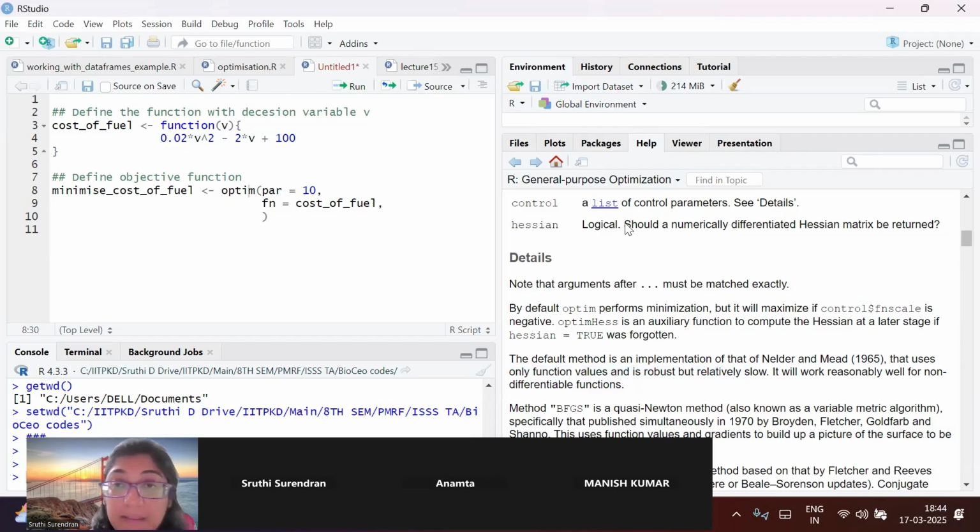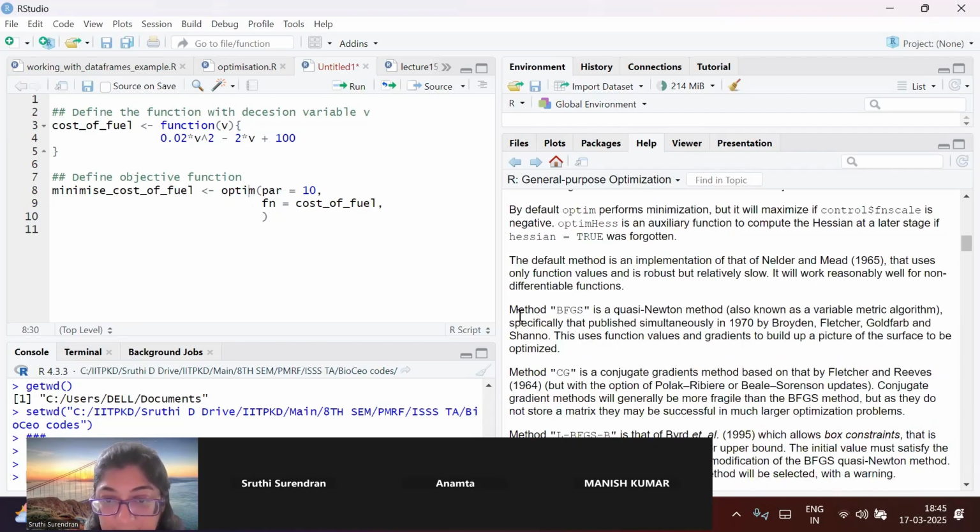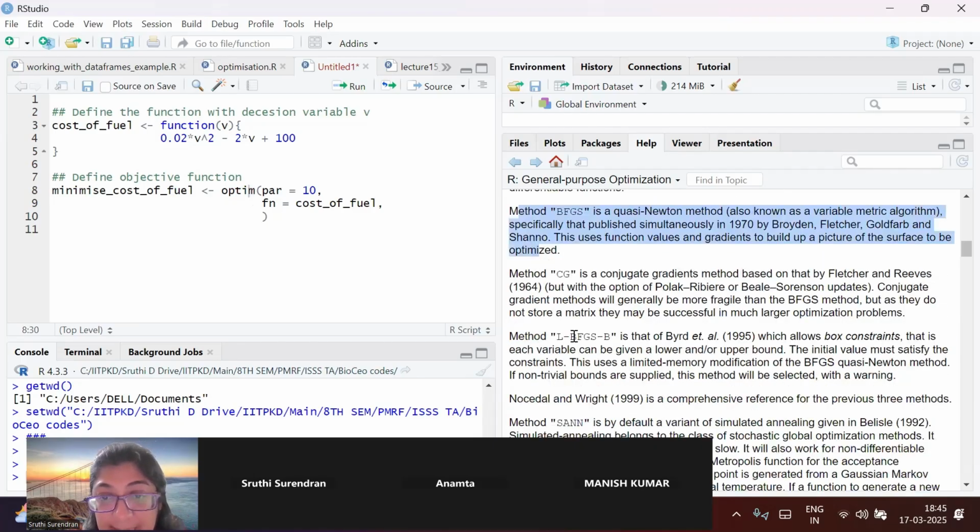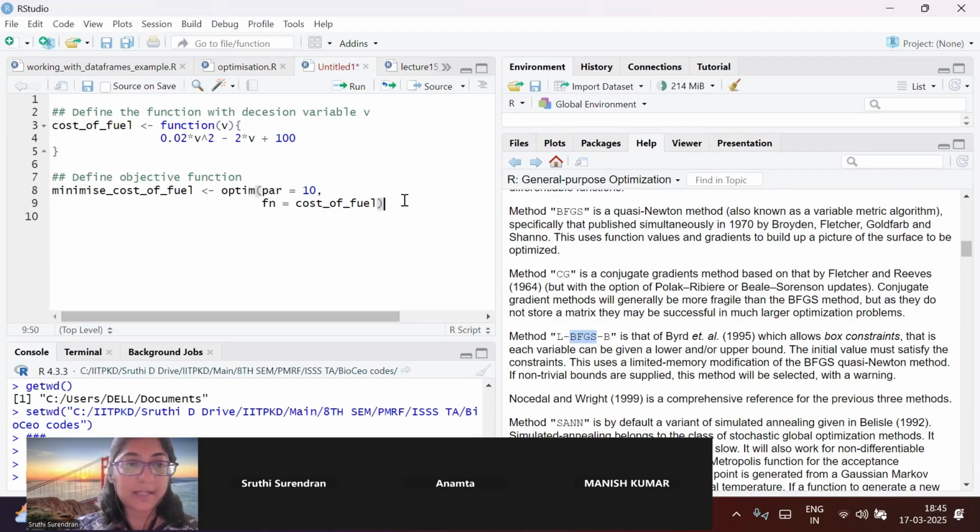But you can run various other methods like CG, BFGS, L-BFGS and so on for applying constraints. First let's see a simple one without applying any constraints. We know that the speed limit is a constraint, but let's just see what answer we get without applying any constraint.